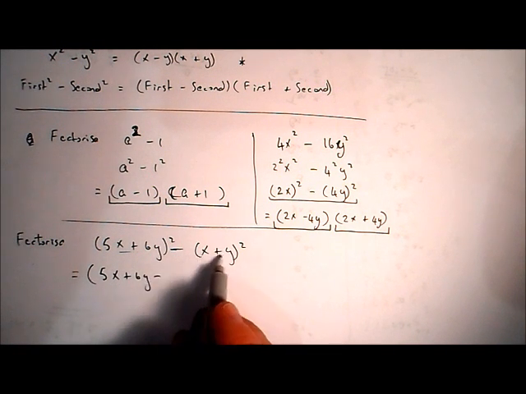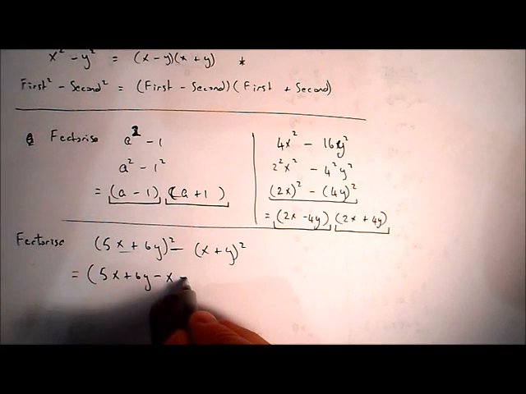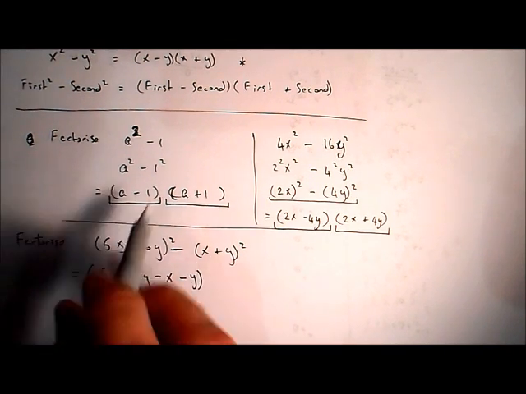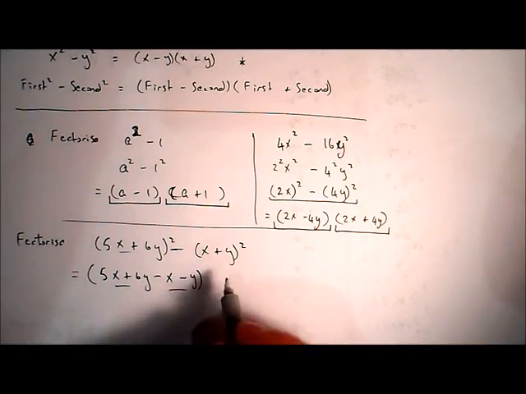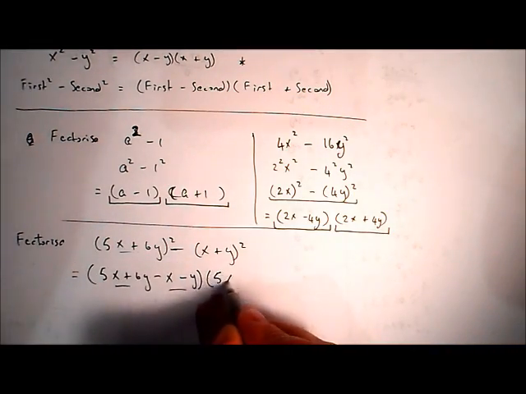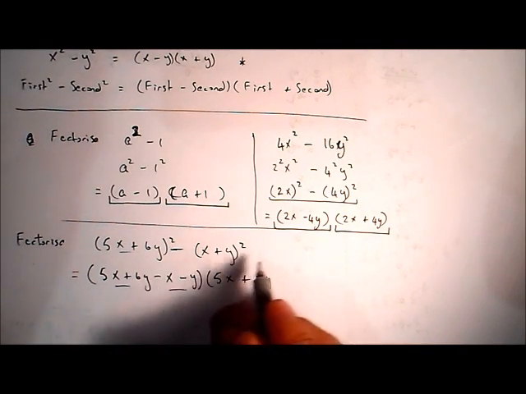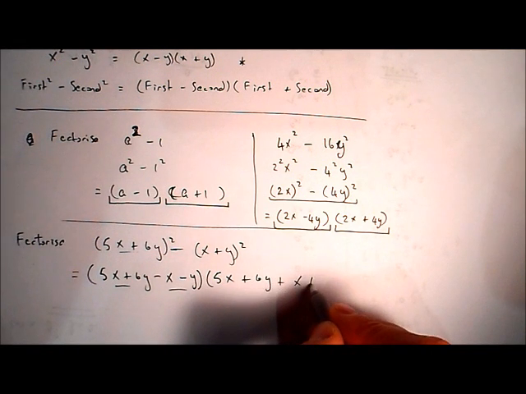Be careful there, it's minus all of the second, so minus x minus y. That's the first minus second bit. Multiplied by the first plus the second: 5x plus 6y plus x plus y.